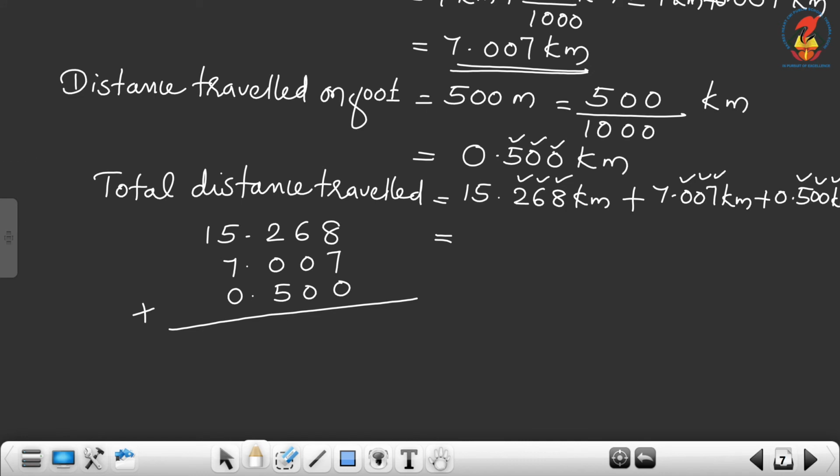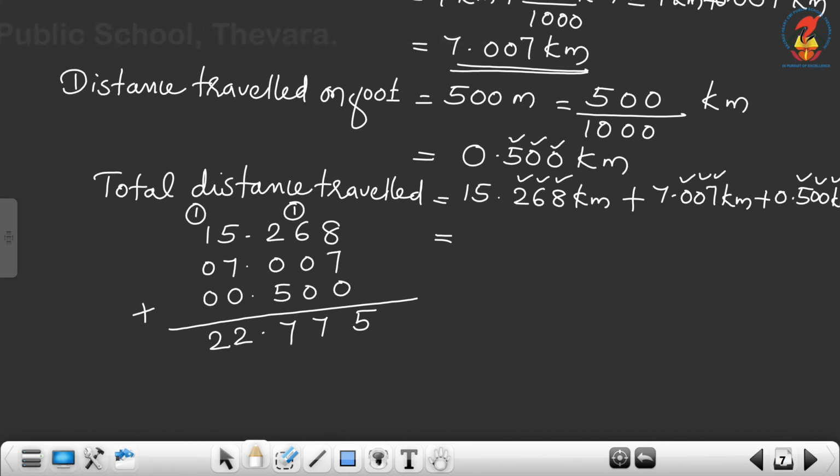So 8 plus 7, 15, carry over 1. Then 6 plus 1, 7, 5 plus 2, 7. Next the decimal point comes, put the decimal point. Then 0 plus 7, 7, 7 plus 5, 12, carry over 1. Tens place, here we have no digit, so we can put 0 there.